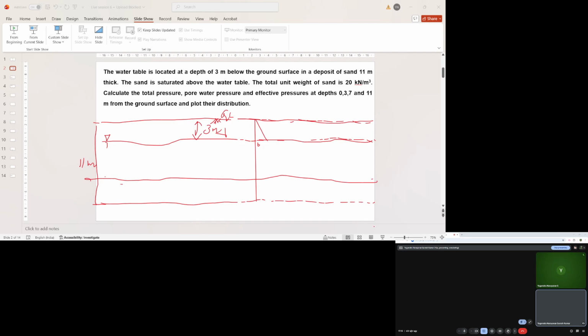Now the effective stress is going to be the total stress minus the pore water pressure.